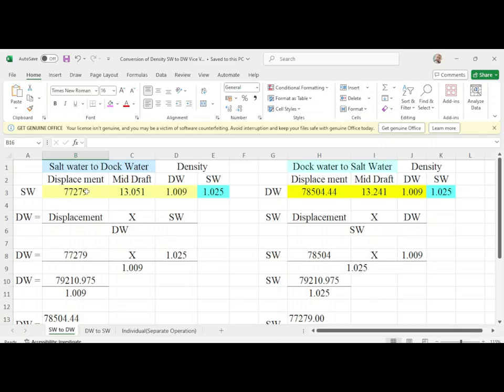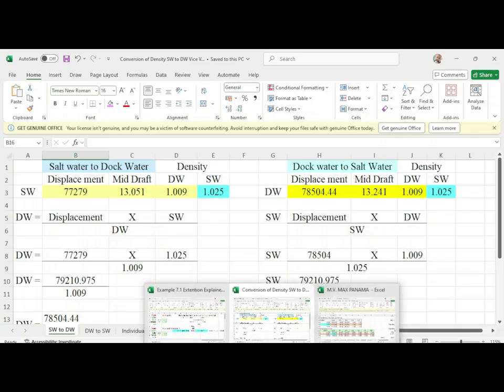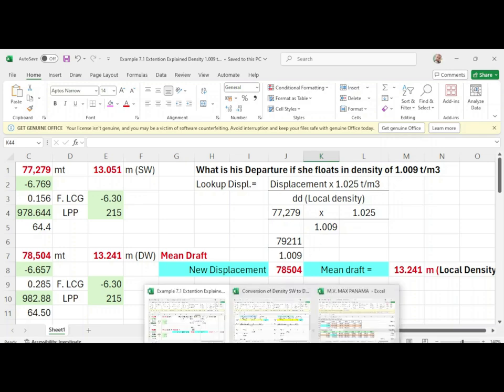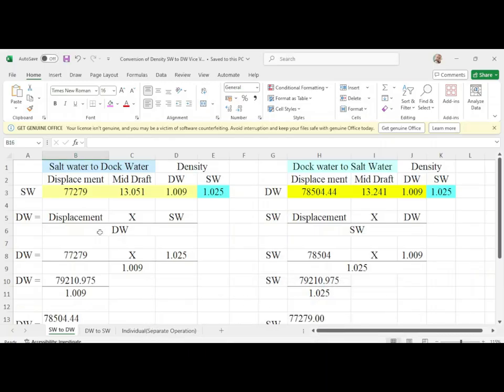So dock water displacement is displacement times salt water density over your dock water density. This is the same formula as this one: displacement times salt water over your local density.